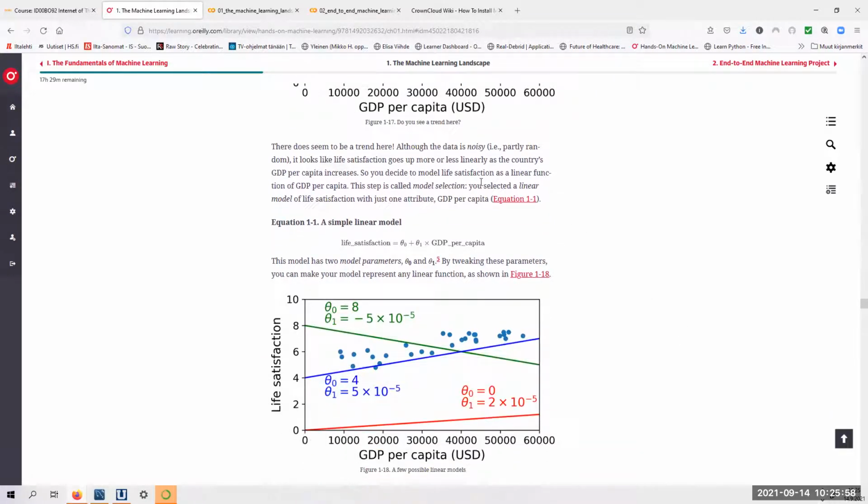And that's what we call model selection. If you have more complicated data, it can be in several dimensions. Now we have only two, but it can be tens of thousands in some complicated cases.